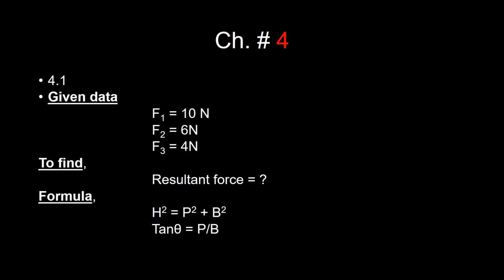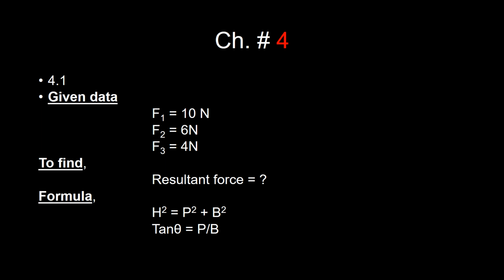Before going to discuss numerical number 1, I will also discuss the formulas of the whole chapter. First of all, the torque or the moment of the force. Torque is the turning effect of the force, and it is a vector quantity, and its formula is F into L, where F is the force and L is the moment arm of the force, meaning the perpendicular distance of the force from its pivot point.